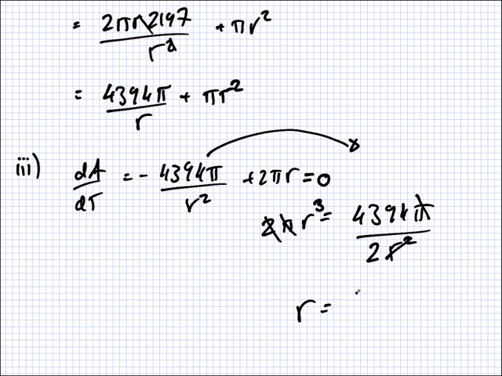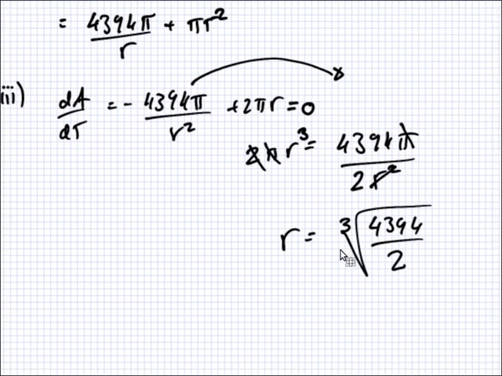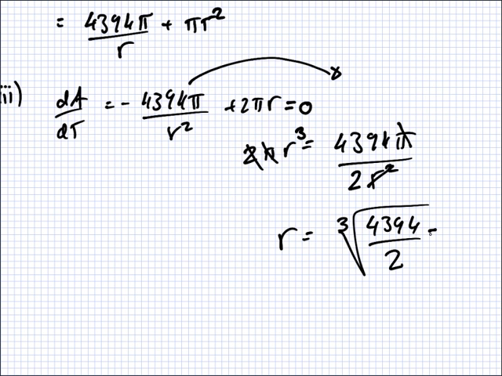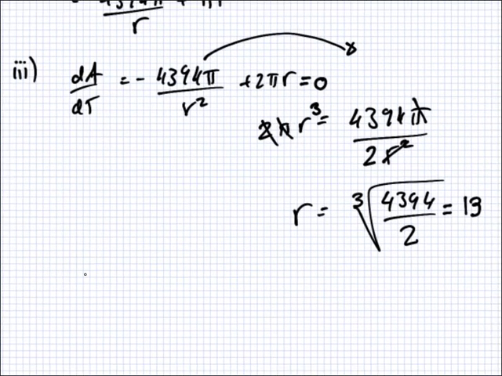So r is the cube root of 4394 over 2. Does that have a nice answer? What is it? 13? Yes. Okay.